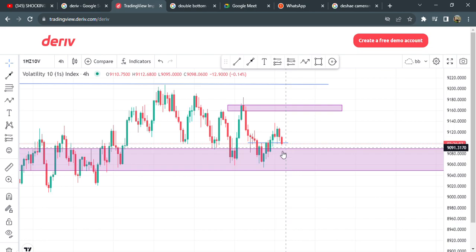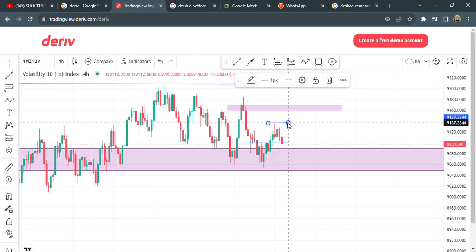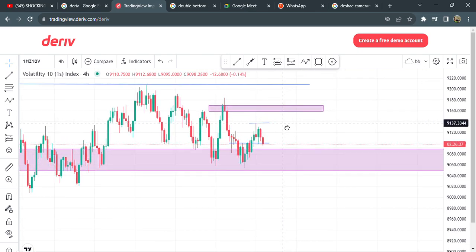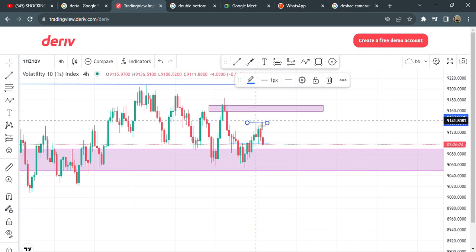Okay, so this area will be our new high. This area is our new swing high here. This is our new swing high. I hope you can see that.